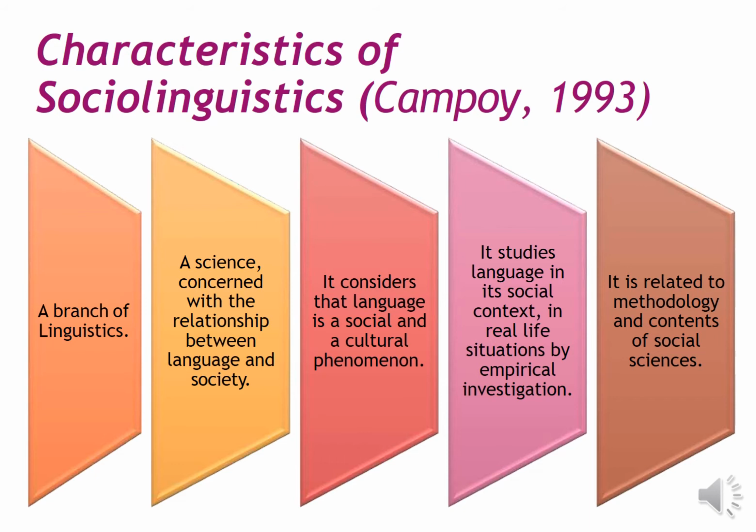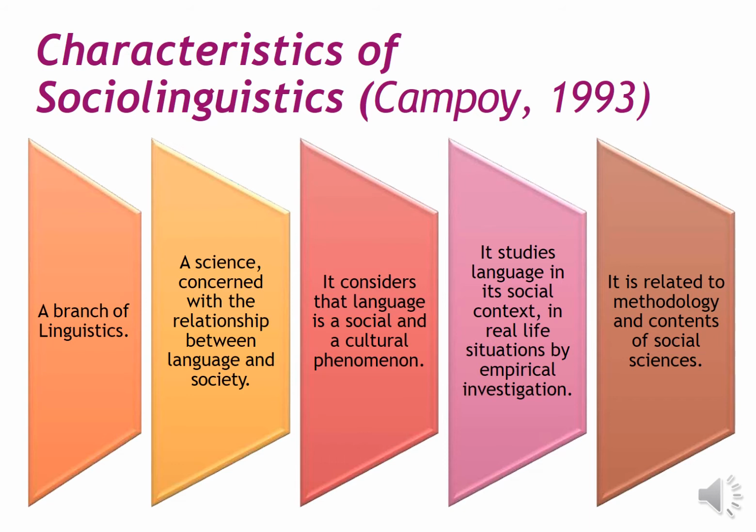How language and society emerged, or how language and society are associated, is the basic concern of sociolinguistics. It means sociolinguistics answers and shows the relationship of language and society.